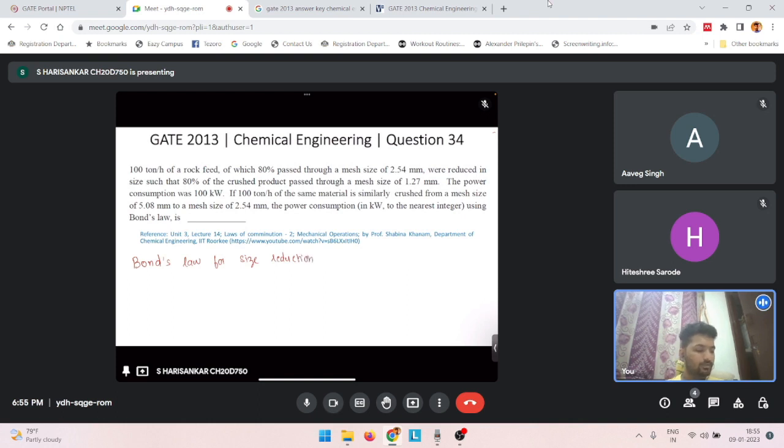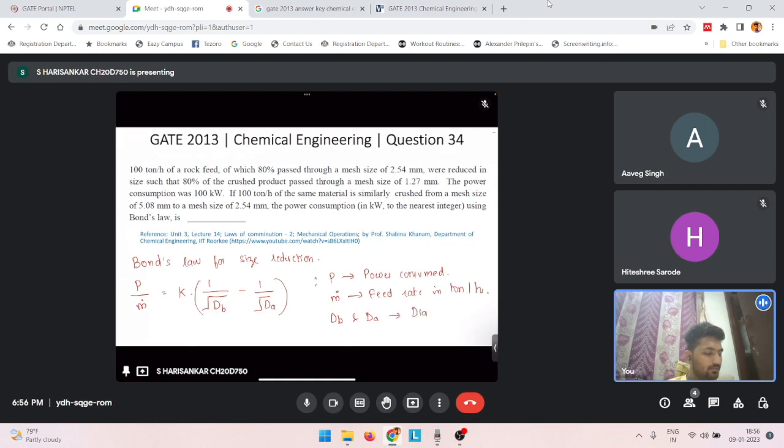By Bond's law, the equation is P by m dot is equal to K into (1 by root of dB minus 1 by root of dA), where P is the power consumed, m dot is the feed rate in tons per hour, dB and dA are the diameters of the product and feed, and K is the constant, the Bond's law constant.